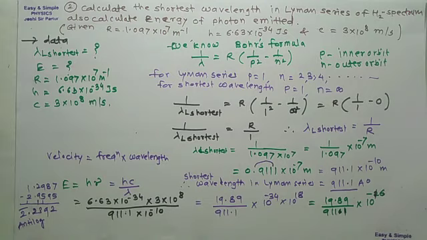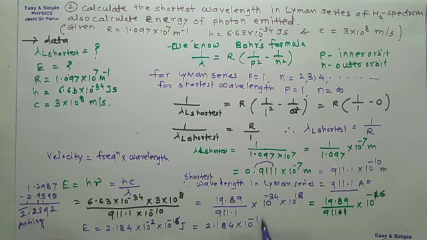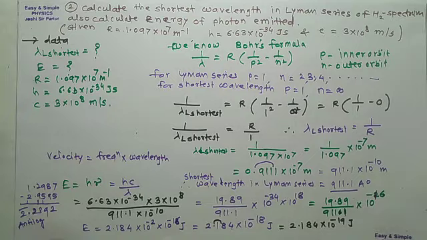Taking antilog, so energy is equal to 2.184 into 10 raised to minus 2 multiplied by 10 raised to minus 18 joule, which is 2.184 into 10 raised to minus 18 joule. If the decimal point is shifted, it becomes 2.184 into 10 raised to minus 19 joule.